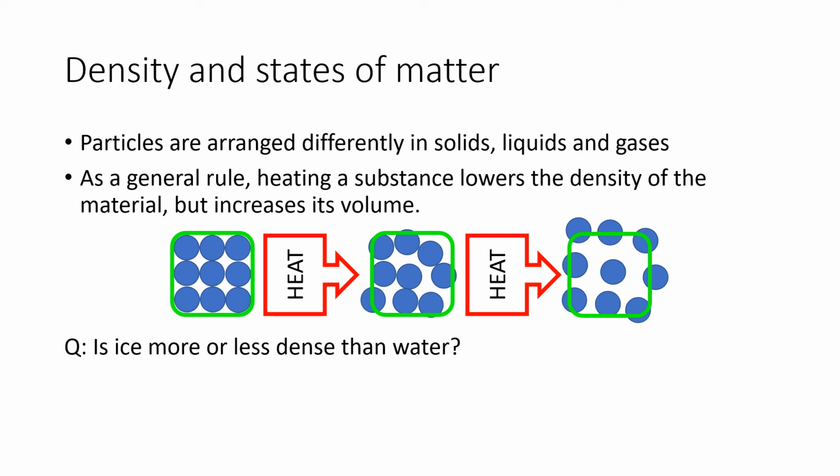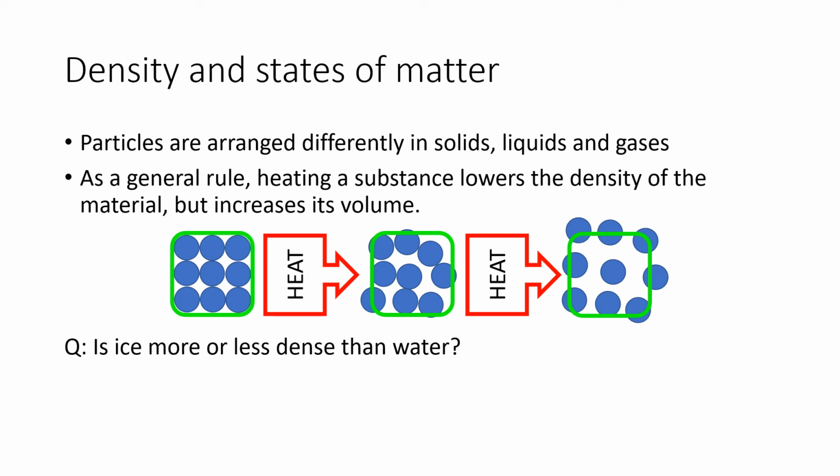And as a consequence, when you heat substances up, as a general rule, the density of the material will become lower. So as you go from solid to liquid, liquid to gas, the density will decrease.